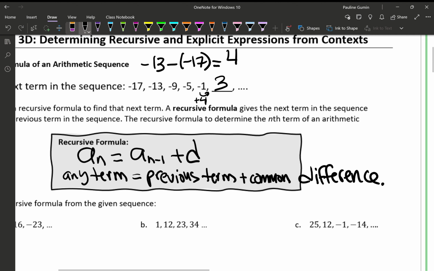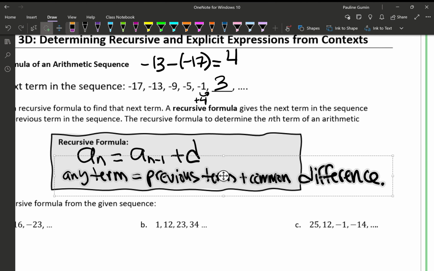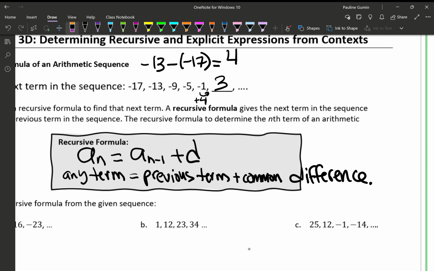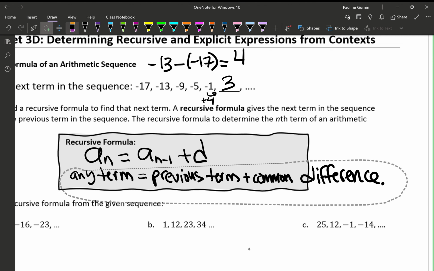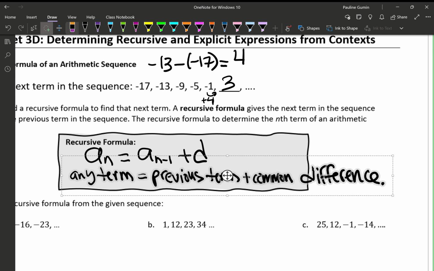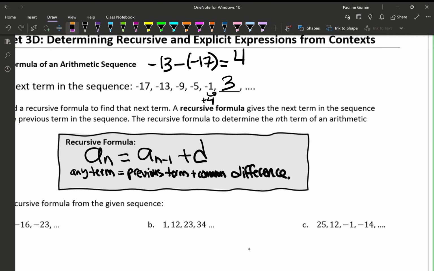So a_n means any term, a_(n-1) means the previous term, and d is the common difference. We can get any term by taking the previous term and adding the common difference to it, which is how we found 3 in that pattern. We took negative 1 and we added 4 to it.